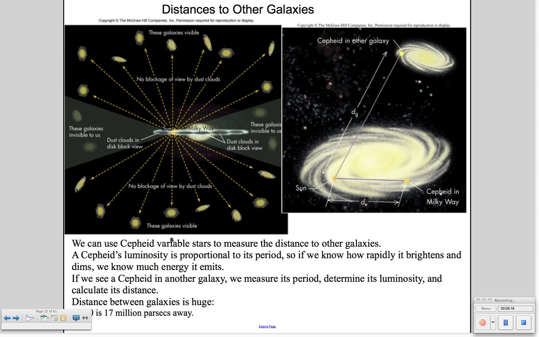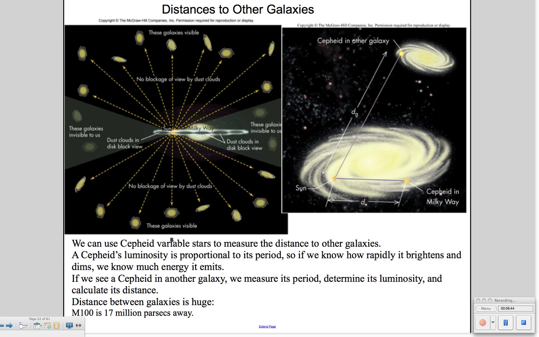We can use Cepheid variables to measure the distances to other galaxies. A Cepheid's luminosity is proportional to its period, so if we know how rapidly it brightens and dims, we know how much energy it emits. If we see a Cepheid variable, we measure its period, determine its luminosity, and calculate its distance. And the distance between galaxies is huge.